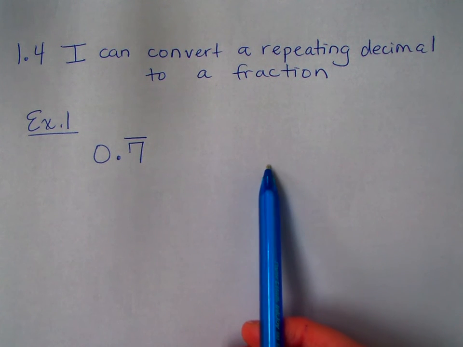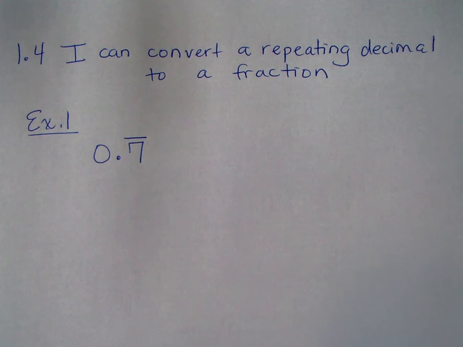There's no place value. So we do these a little differently, and we're going to actually use an equation to show how we convert this into a fraction. Does anyone know what this is, by the way? Maybe one of our last worksheets we did last week where we discovered some patterns.